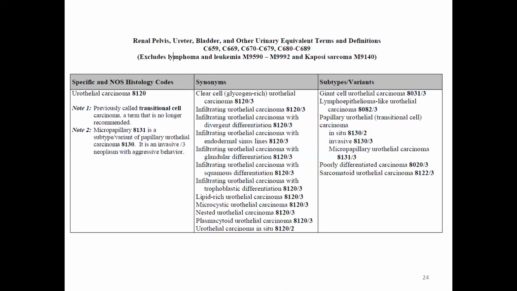Micropapillary urothelial carcinoma is a subtype variant and is a more specific term than the urothelial carcinoma. We know that is important now when coding the most specific histology if it is described as a subtype, type, or variant.